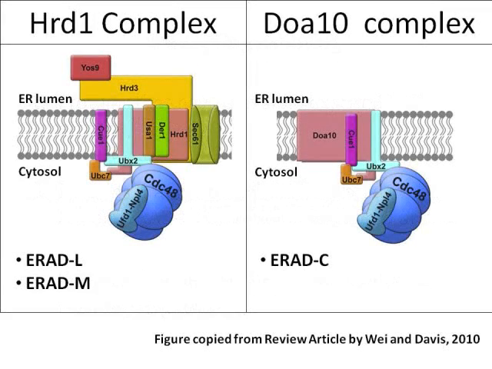There are 2 complexes located on the ER membrane that are involved in the ERAD pathways. First, the HRD1 complex is involved with the ERAD-L pathway and the ERAD-M pathway. On the other hand, the DOA10 complex is involved in the ERAD-C pathway.